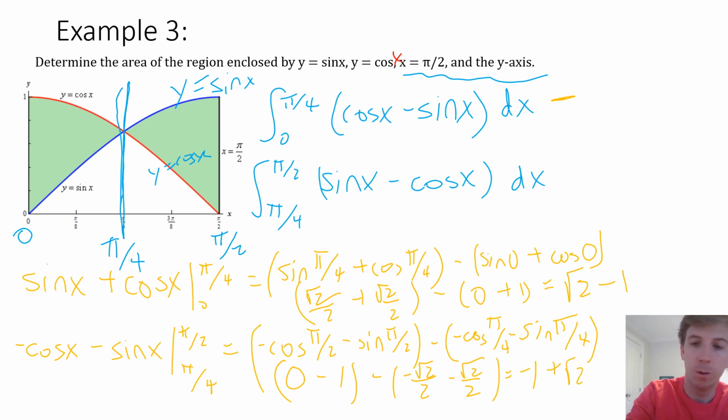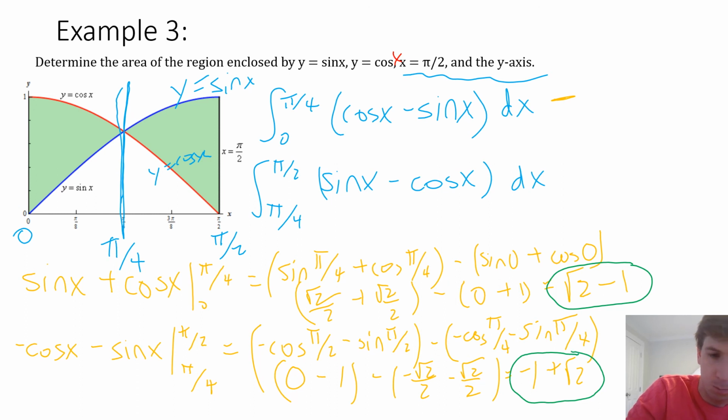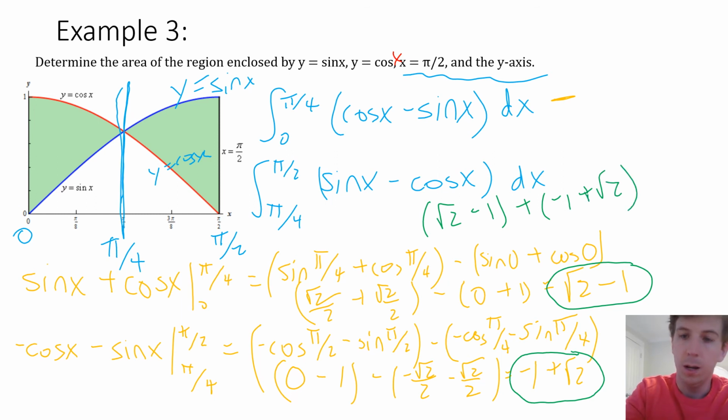Okay, so adding my answers together here, I have root 2 minus 1 and negative 1 plus root 2. So we'll have root 2 minus 1 plus negative 1 plus root 2. All right, so we have 2 root 2 minus 2.